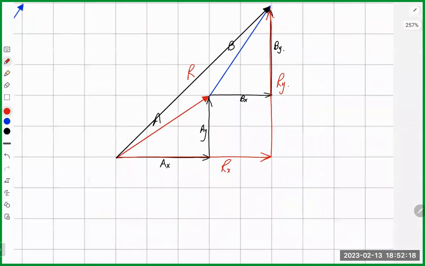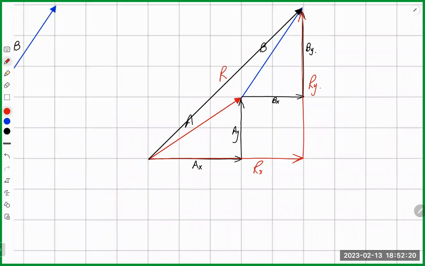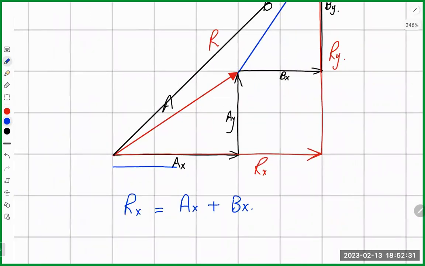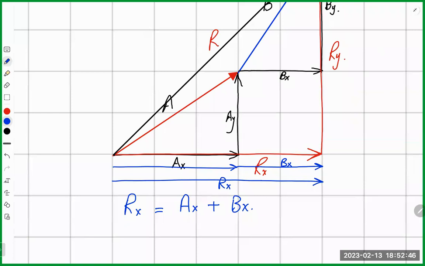Now, if you pay attention, you can clearly see the resultant's X component is simply the sum of A's X component plus B's X component. Look, this is A's X component. This is B's X component. If we add them, it becomes the resultant's X component. Look, the resultant's X component is the simple sum of AX and BX.